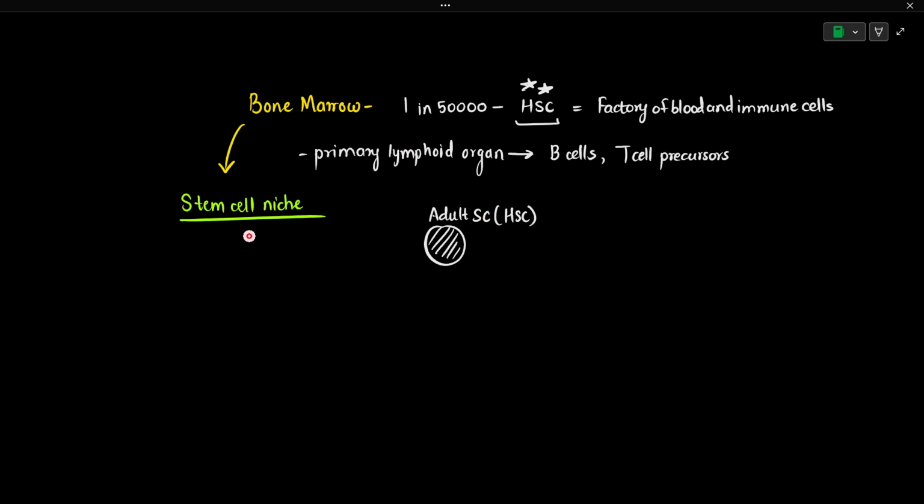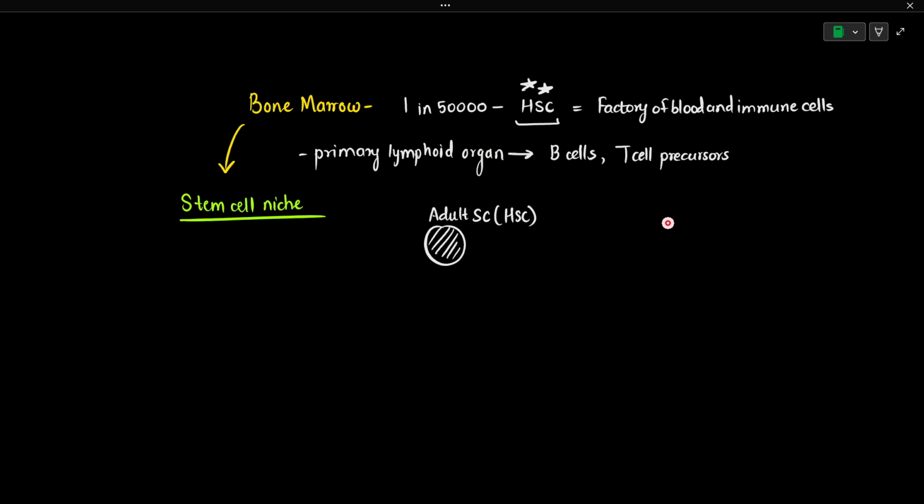There are two stem cell niches present in the bone marrow. One promotes the hematopoietic stem cell to maintain its stem-like property, and the other is the one where the hematopoietic stem cells will be committed to certain lineages.